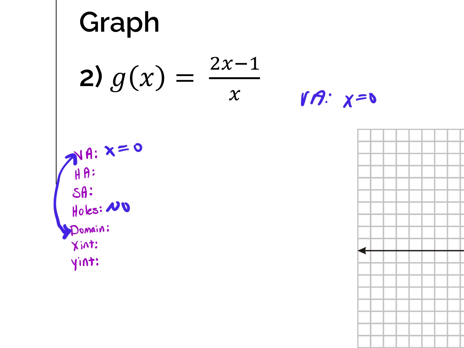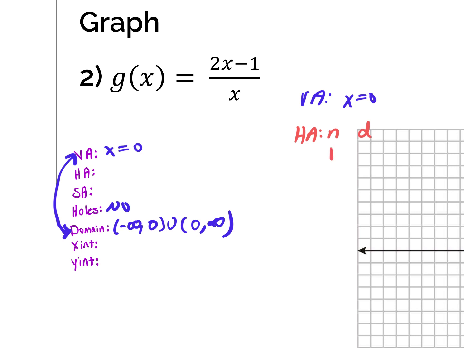How do I write that? Negative infinity to 0. Good. Perfect. All right, horizontal asymptote. We compare the numerator degree to the denominator degree. What is the numerator degree? 1. What's the highest exponent you see? 1.